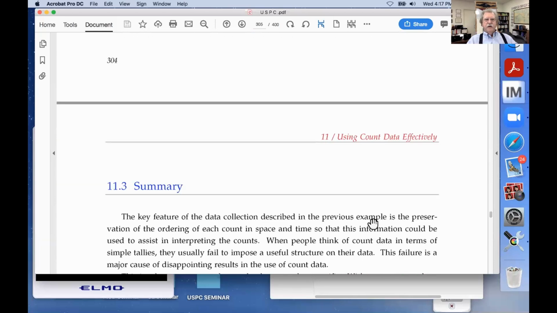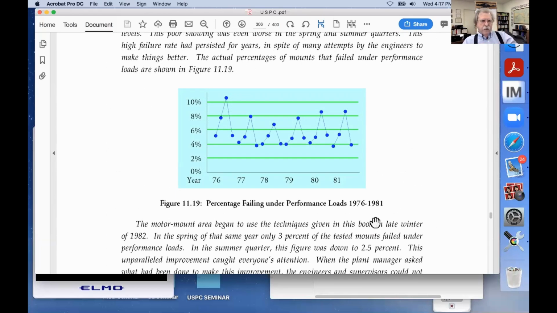One last story, and this is on measurement. Figure 11.19. Percentage failing under performance load. These are motor mounts. This is the percentage of motor mounts that fail under performance load.